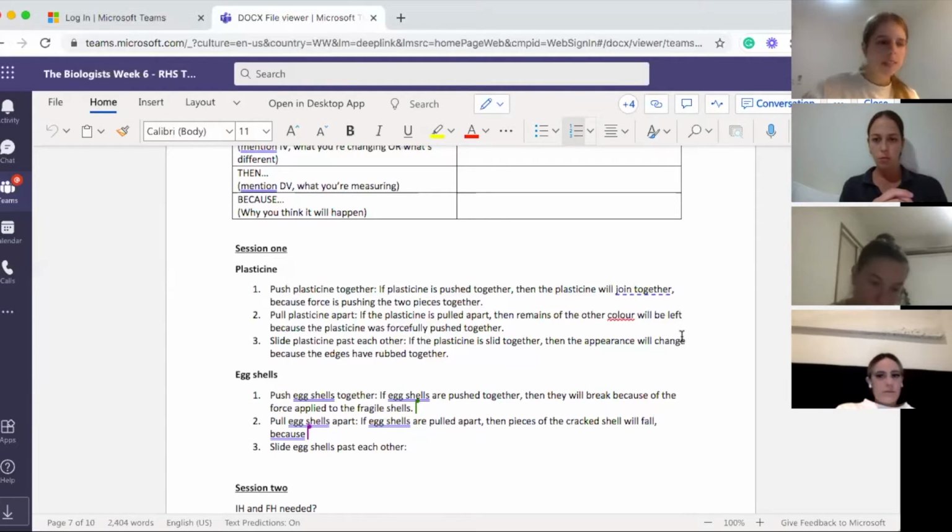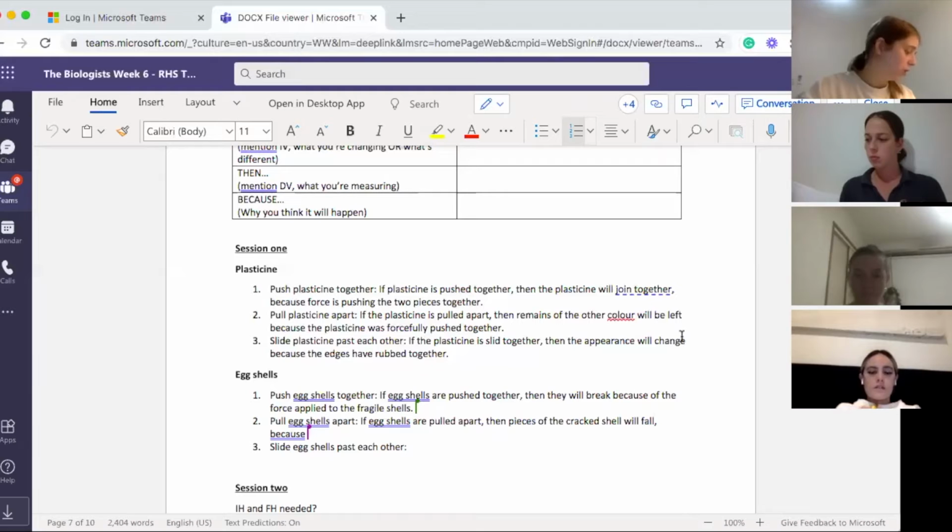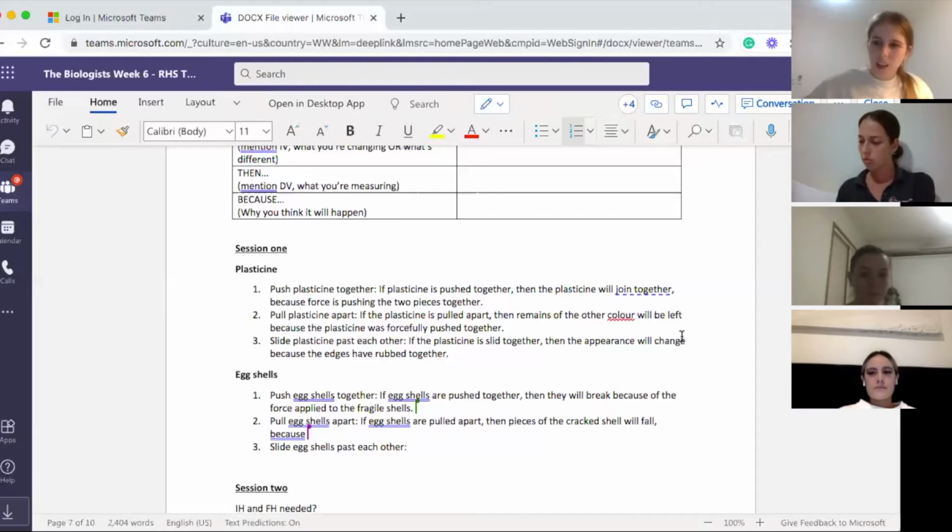Some groups did, but in this primary connections thing, it said pre-crack the shell of 1 hard-boiled egg into 7 pieces, so I just pulled off 7 pieces. I think some groups did a bit of both, but I don't really know how I was gonna push them together on the egg without breaking it. Yeah, you just break the egg and the shell would just shatter, so to say.